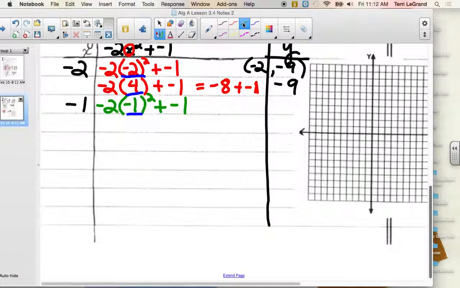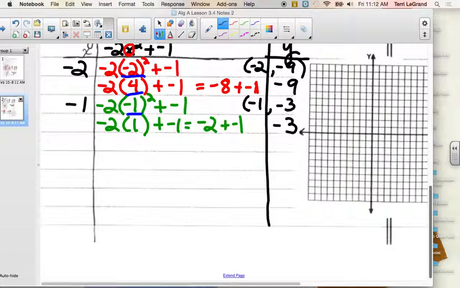Do we have to take -1 times itself? What's -1 times itself? Positive, +1. Now we do this multiplication. -2 times 1 is -2, plus our -1. So what's our y value this time? -3. -2 plus -1 is -3. So now we have ordered pair -1, -3.